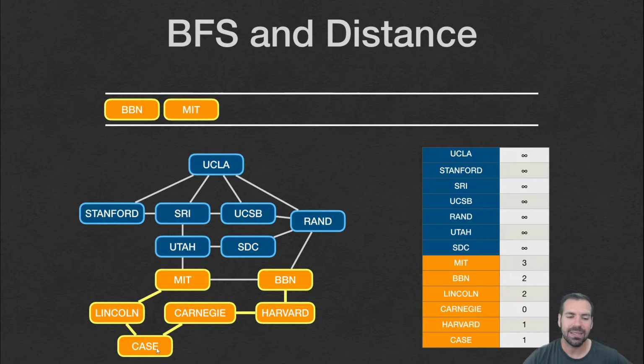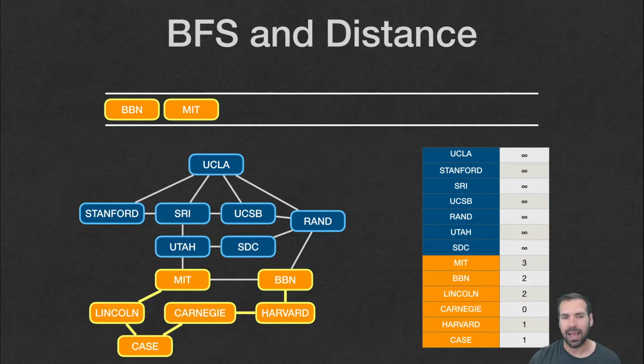That means Case was checked first when we visited the neighbors of Carnegie, which means Case got enqueued first, which means Lincoln then got enqueued before BBN, and Lincoln got to MIT before BBN could. So it depended on the order of the array list of Carnegie's neighbors, which depends on the order in which you add the edges to the graph. So that's where the arbitrary decision actually gets made.